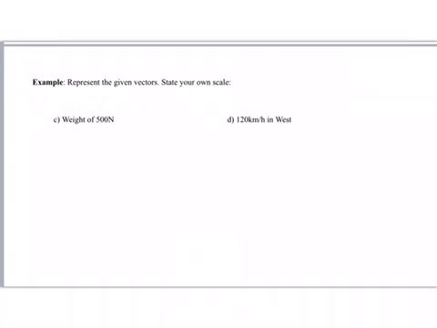And the last two questions, the weight of 500 Newton. Let's say 1 centimeter is equal to 100 Newton, so 500 Newton will be equal to 5 centimeters.